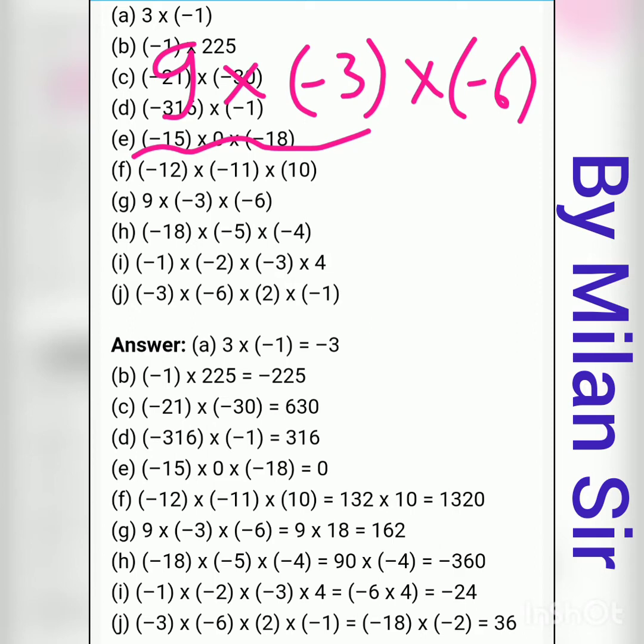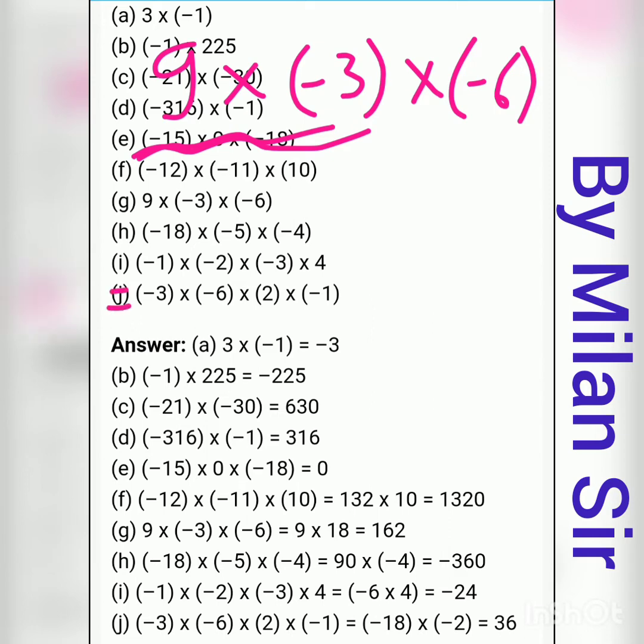Either you can multiply the first two numbers, or the last two numbers, or the first number with the third number, in any order. A commutative property is applied for multiplication, so you can change the order of the terms. Here I am going with the first two terms.